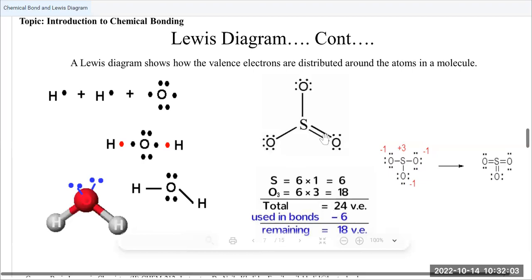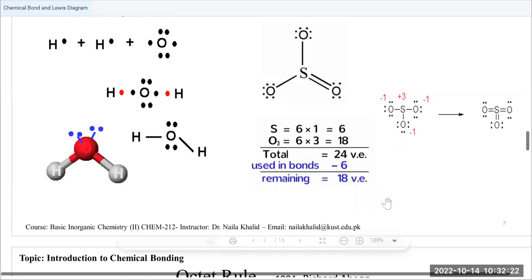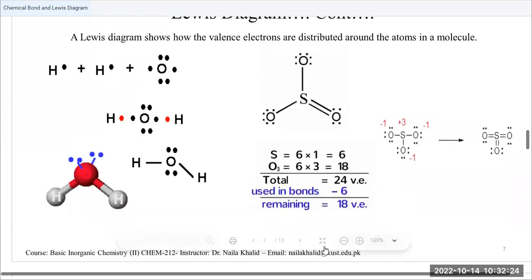And you can see the 2 electrons over here, 2 electrons over here, and 2 electrons over here. So it means that 2, 4, 6 electrons are involved in single bonding. So 24 minus 6, it means 18 electrons are still there in the valence shell after bond formation.